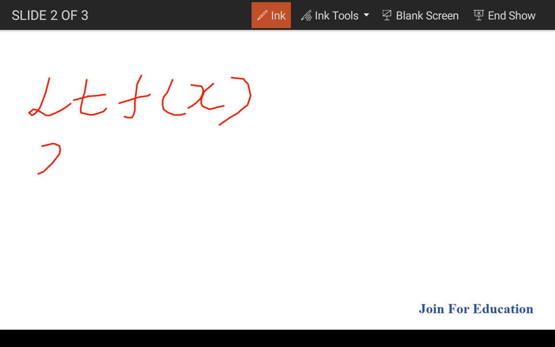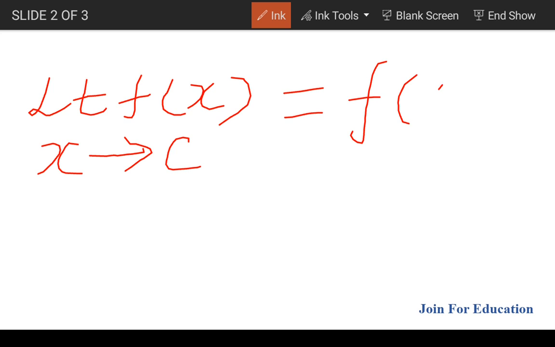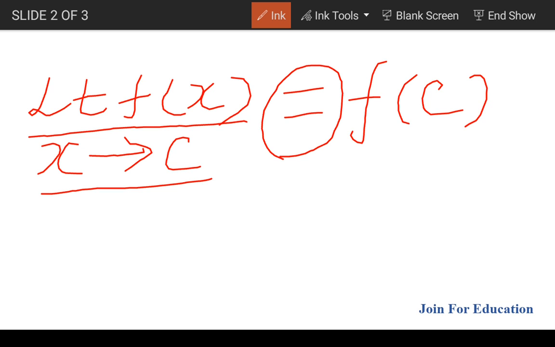It means that the limit of the function as x tends to c equals the value of the function at the point at which continuity is to be tested. So it is very easy. Limit of the function as x tends to c is equal to the value of the function at c.